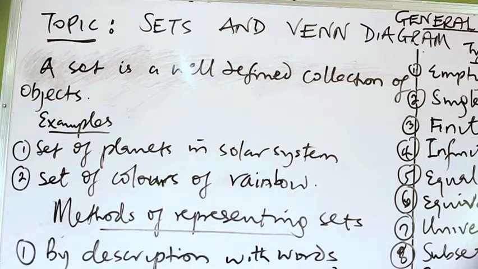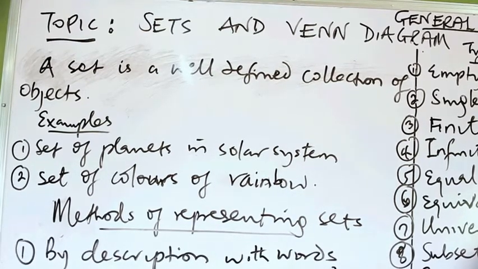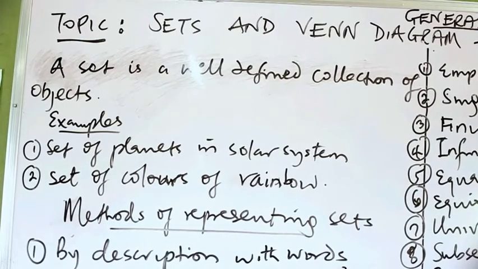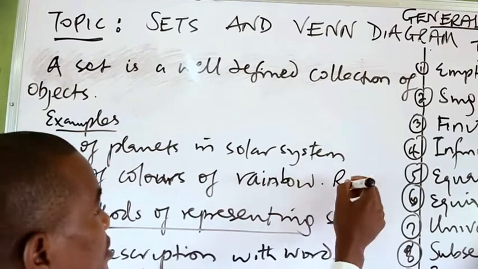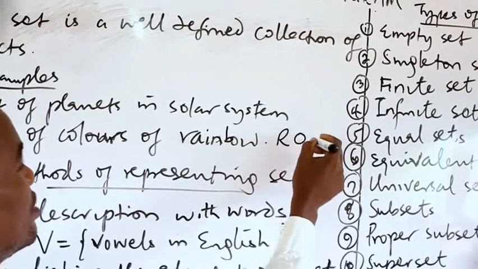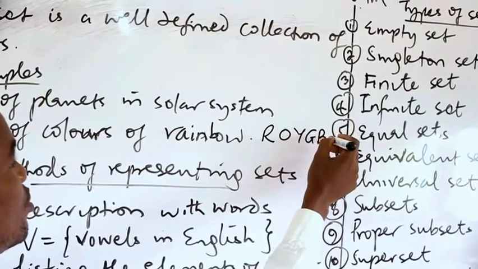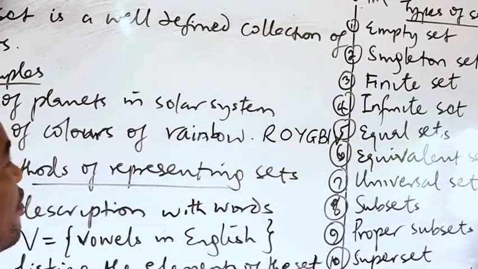All these are known. Then the same thing, if you look at a set of colors of rainbows, we have 7 colors in rainbow. That is red, orange, yellow, green, blue, indigo, and violet.